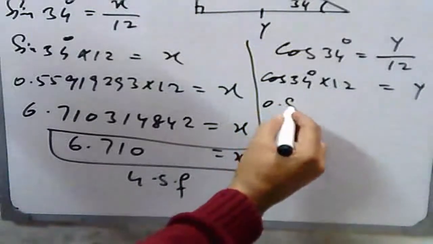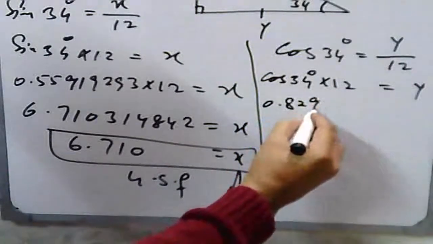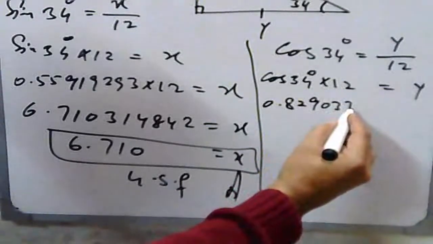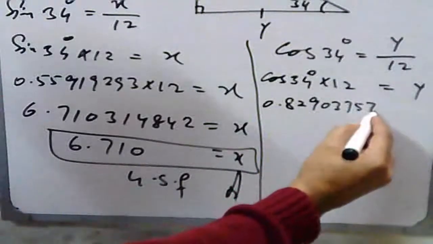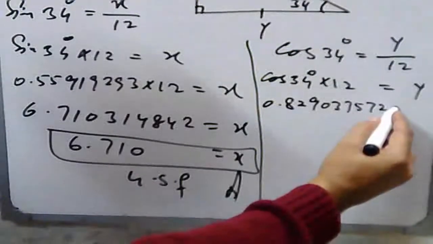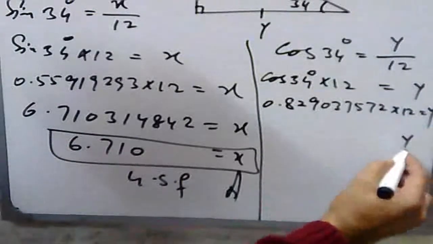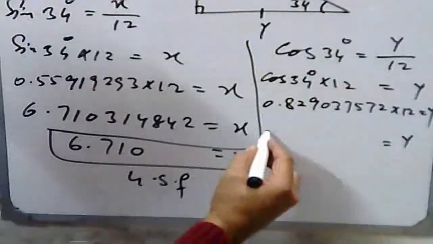So what is the value of cos 34? That is 0.8290572 multiplied by 12 is equal to y.